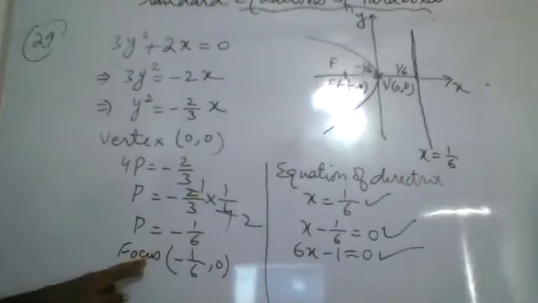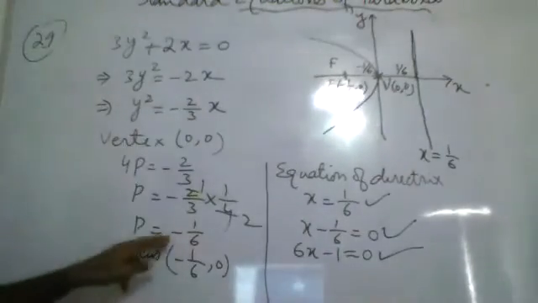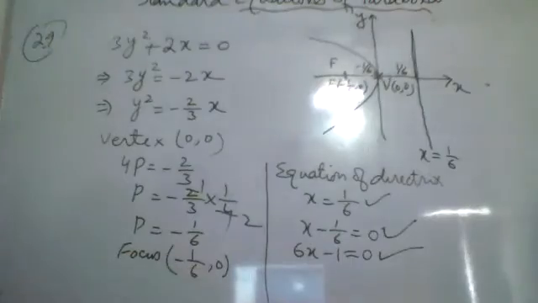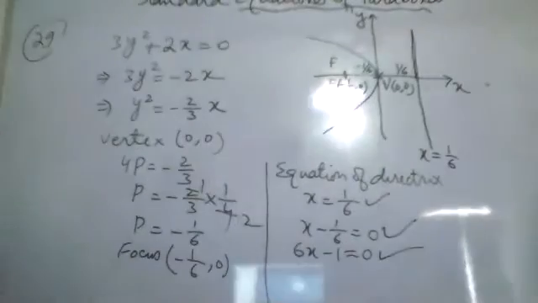So focus will be minus 1/6, 0, since it is on the x-axis. From vertex to the focus, this distance is p.